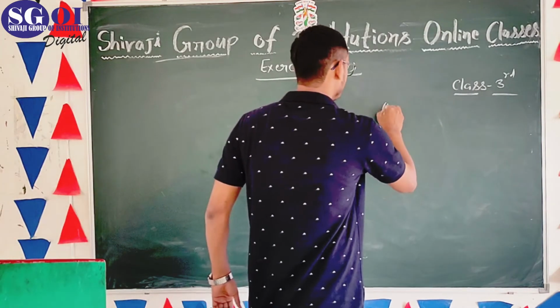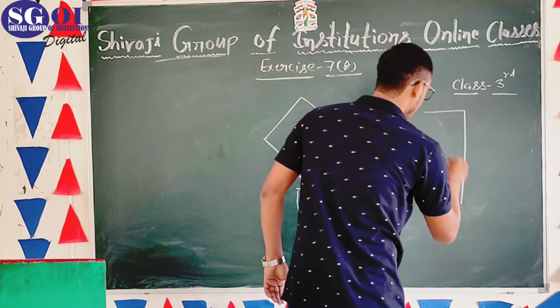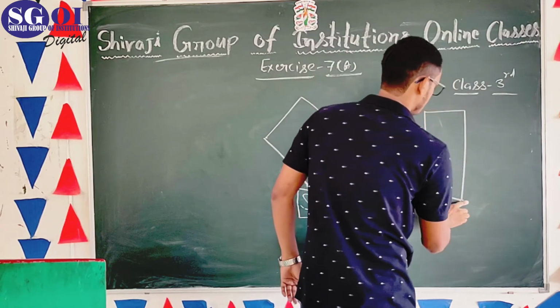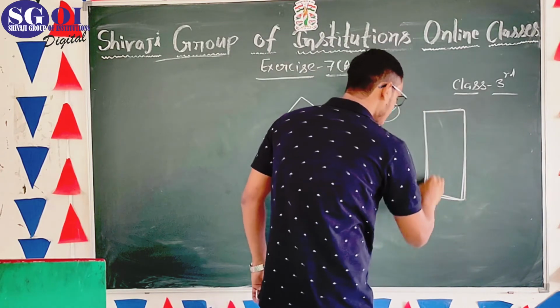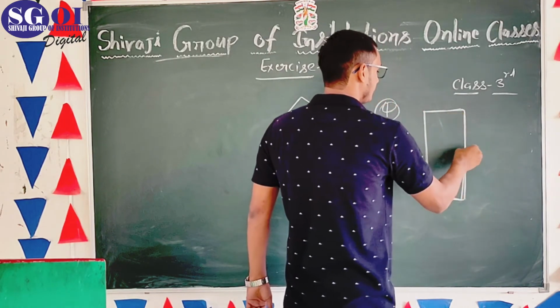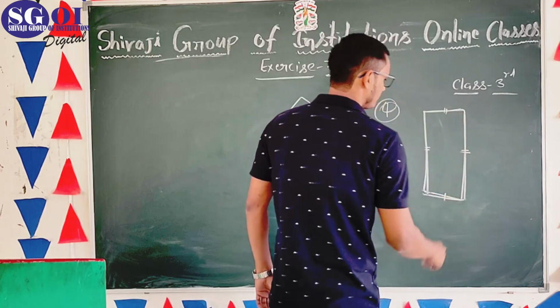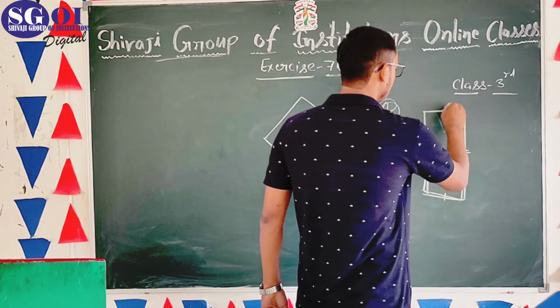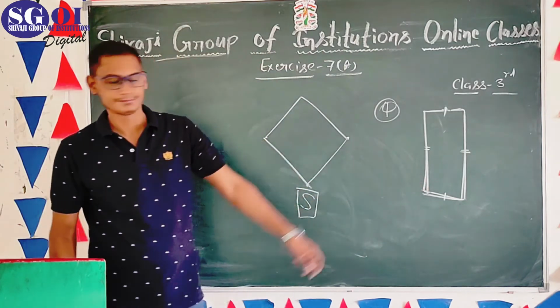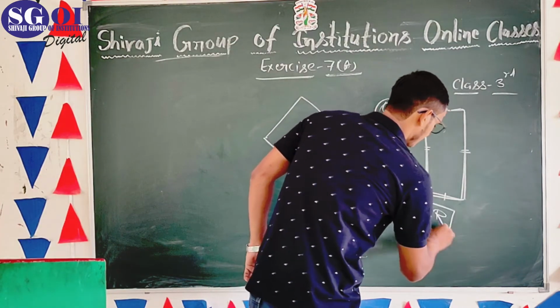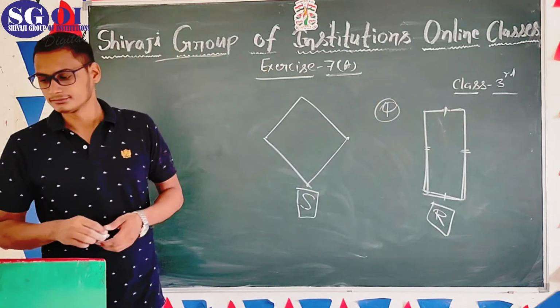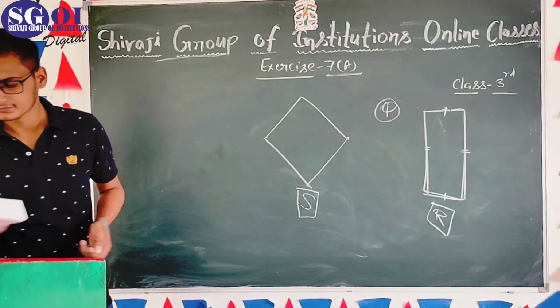Question number 4. This is a rectangle because rectangle has four sides and the opposite sides are equal. Understood? So we fill R. R means rectangle.